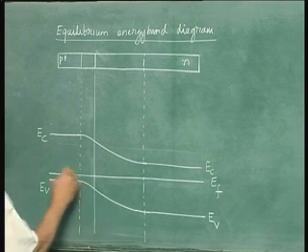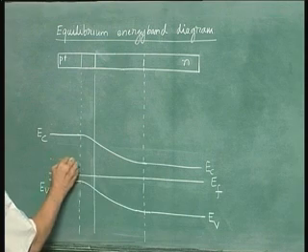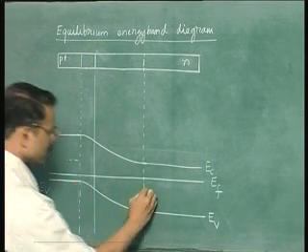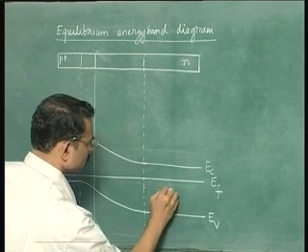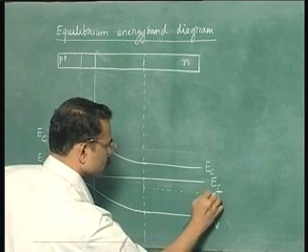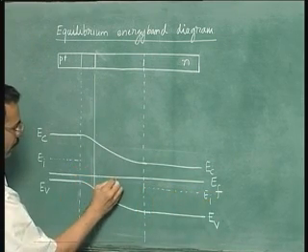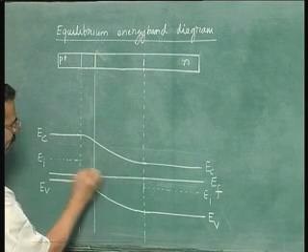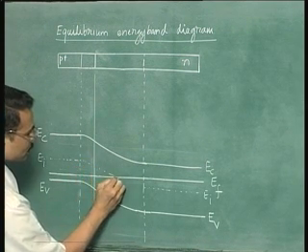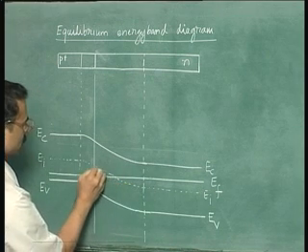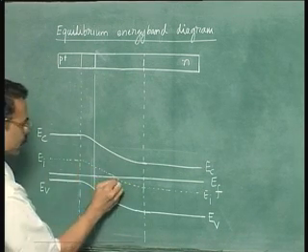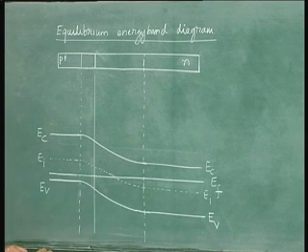We can next draw EI, that is the intrinsic level in between EC and EV. The intrinsic point is somewhere here where EI crosses EF. It lies on the lightly doped side.